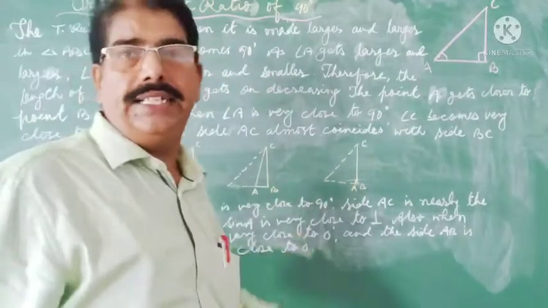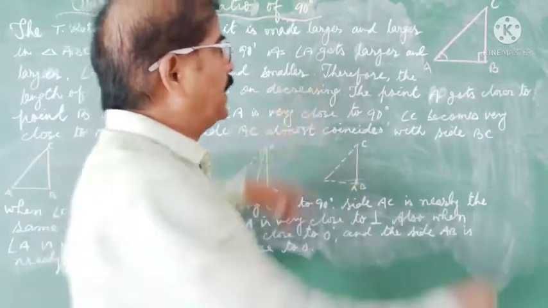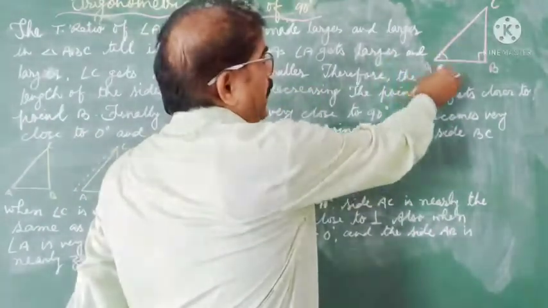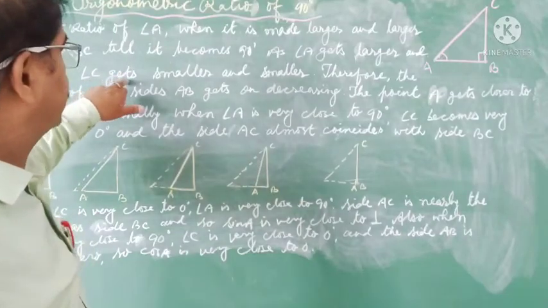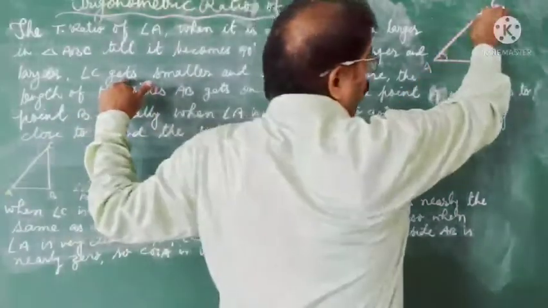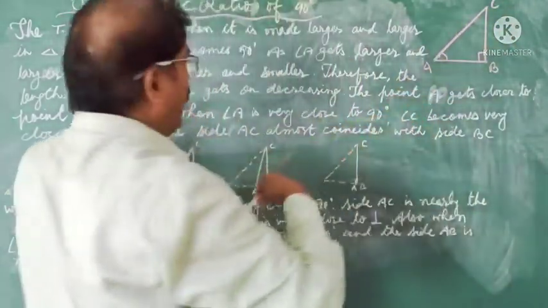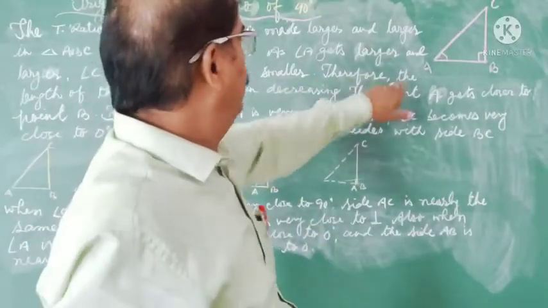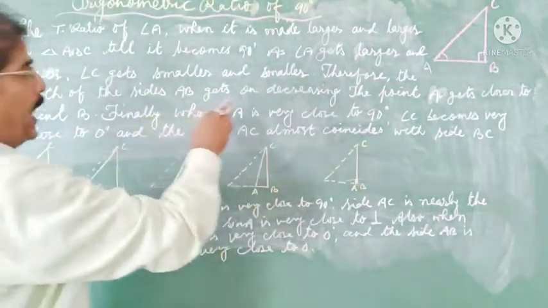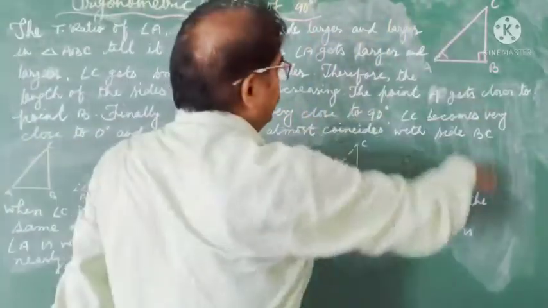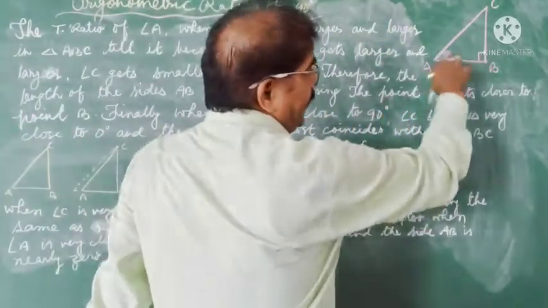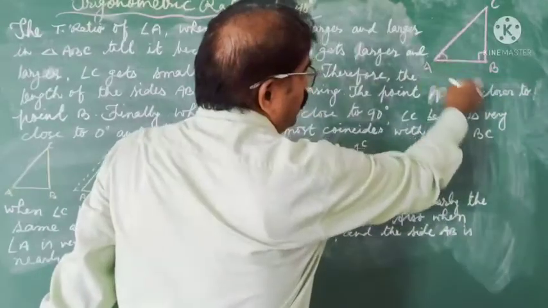It becomes 90 degree as angle A gets larger and larger. So angle C gets smaller and smaller, and therefore the length of side AB keeps decreasing. The point A gets closer to point B.